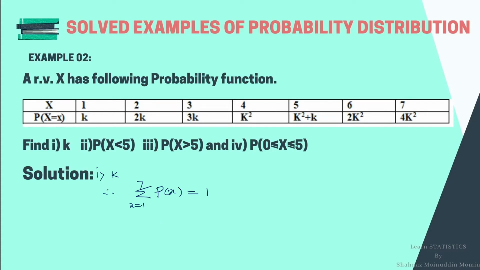Add all those probabilities. What will happen? k plus 2k plus 3k, k square plus k, twice k square plus 4k square. This is equal to 1.